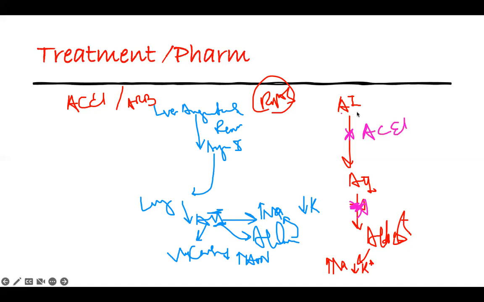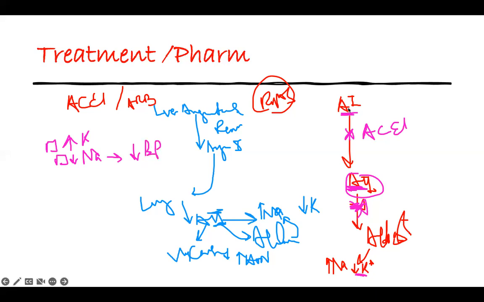We block angiotensin 1 being converted into angiotensin 2, such that angiotensin 2 cannot make aldosterone. This is what decreases aldosterone production. Therefore, you cannot lose potassium, so your potassium goes up, and you rather decrease sodium. And this is what decreases your blood pressure.